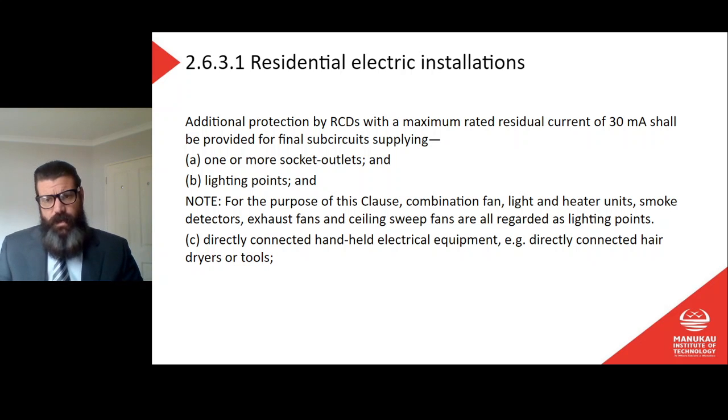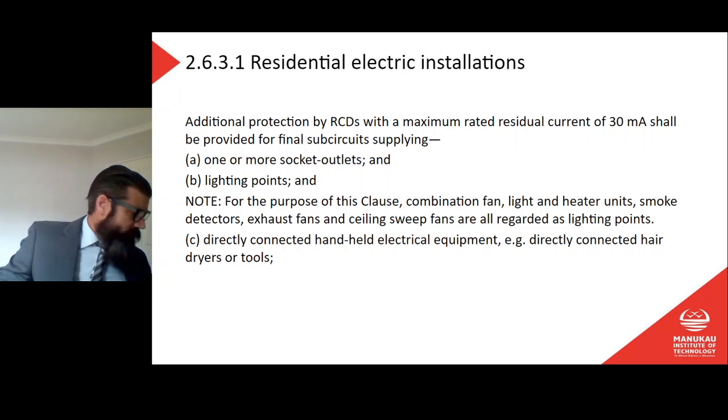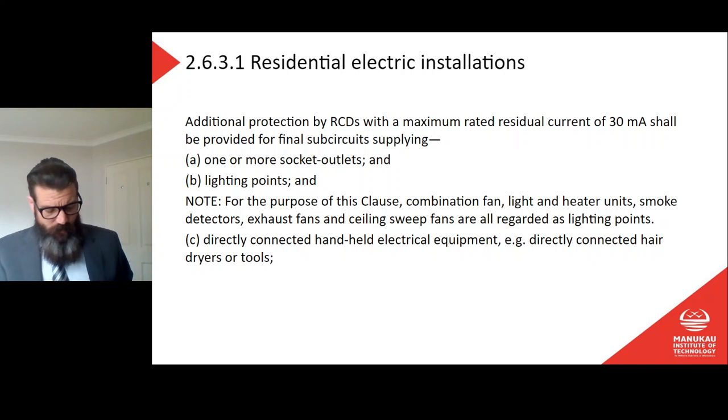So those are the sorts of things that do not need to be protected by an RCD. And in most cases, you'll find that they are not, although that doesn't necessarily say that they shouldn't be. It's probably mostly the current requirement that makes you not want to connect to those ones.